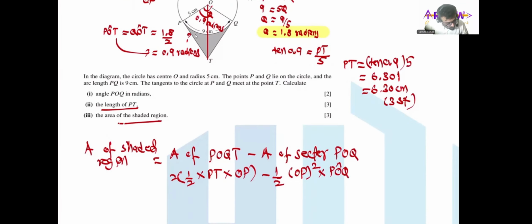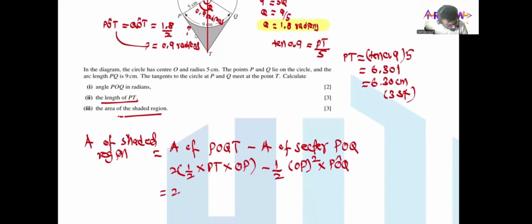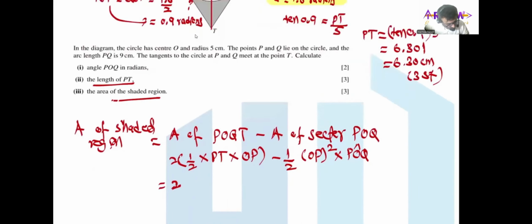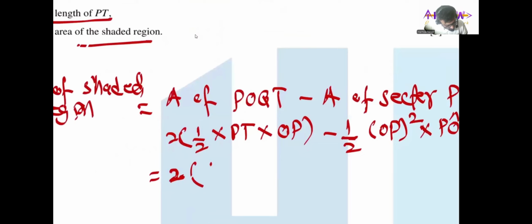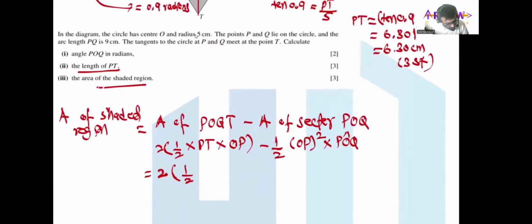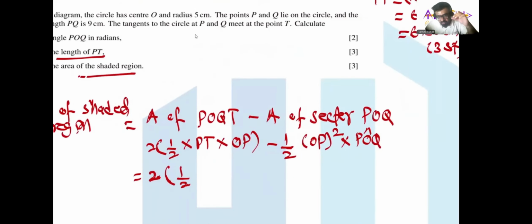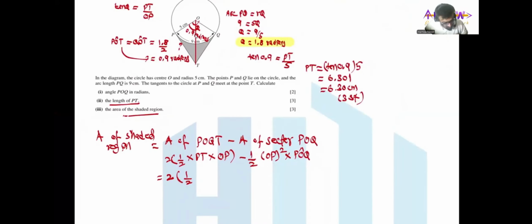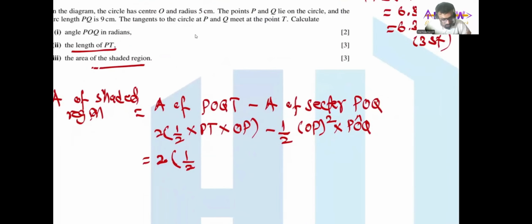So 2 times the area of triangle POT: 2 times half into base into height, meaning half into the length of PT, which was 6.301 centimeter. As I'm going to use this value in further calculation, I'm going to take the value correct to 4 significant figures, in order to avoid any premature approximation.